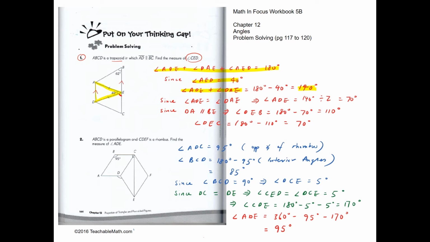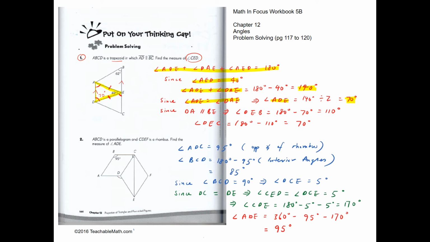So the sum of these two angles will have to be 140. And since it is an isosceles triangle over here, we know that these two angles must be the same. So therefore, ADE has to be half of 140, which is 70. So let's write it down over here. This will be 70.